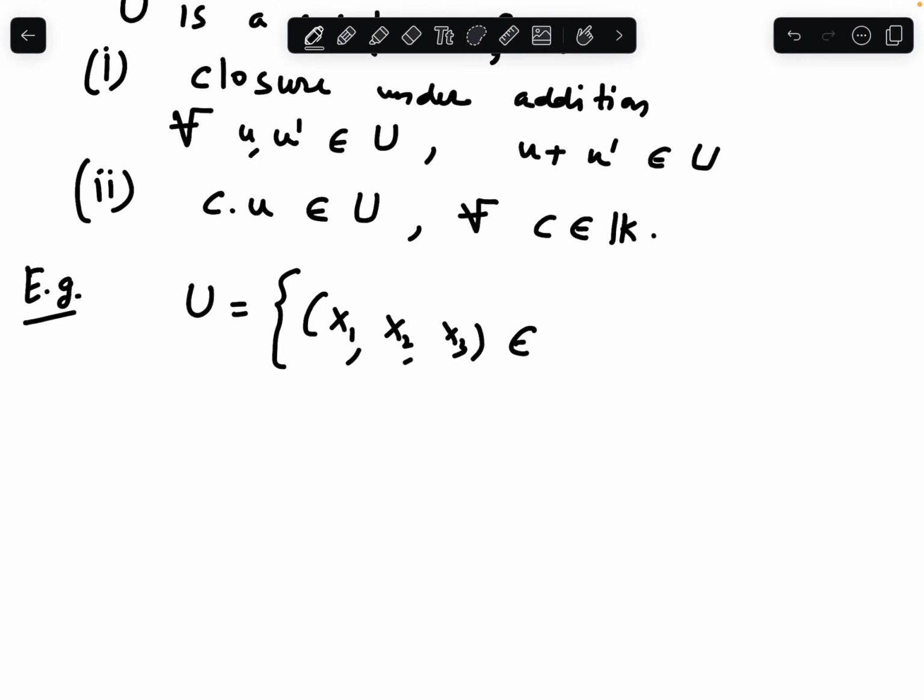So this is in R3, that is the Euclidean space, such that x2 equal to twice of x3 plus b.